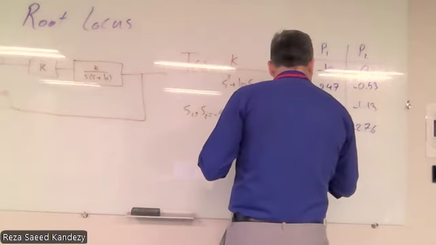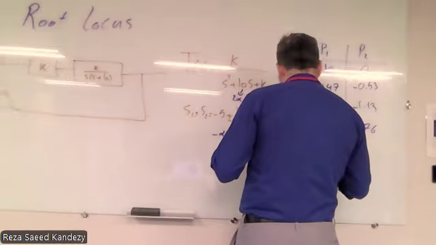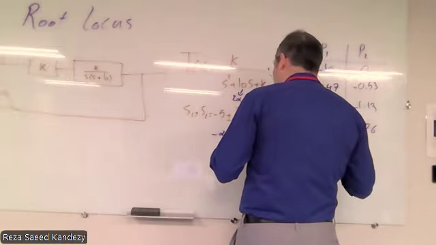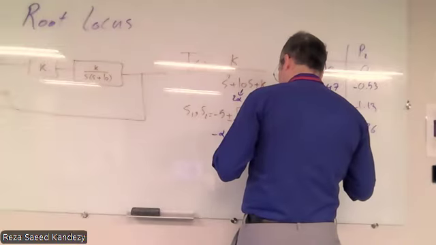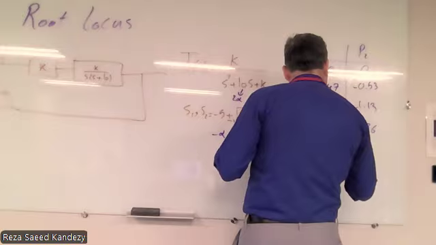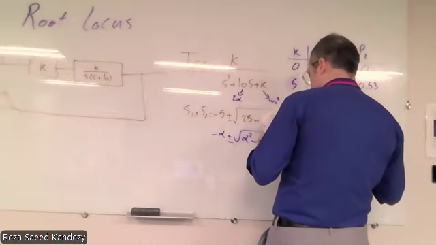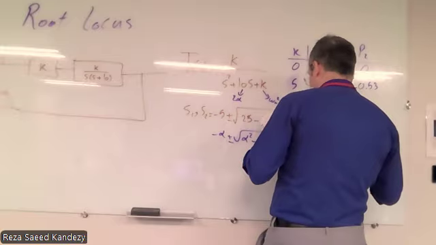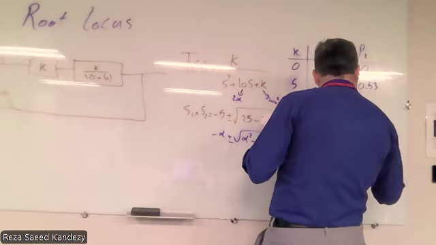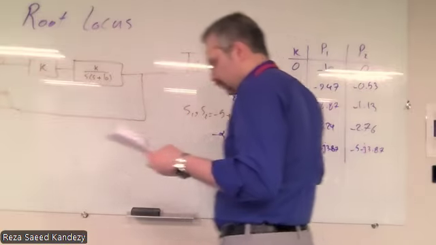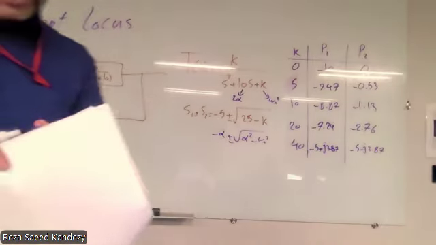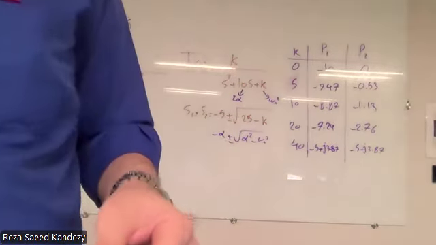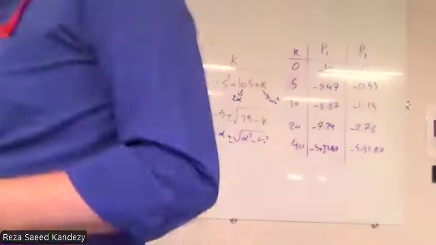And if it's 40, I'm going to have minus 5 plus j3.87 and minus 5 minus j3.87, since now we are moving to complex numbers. You see that? By changing k, we changed the values of our poles.